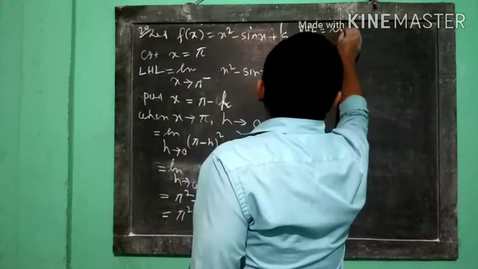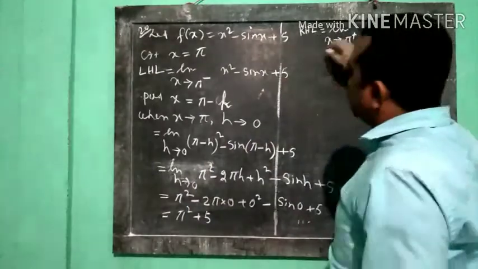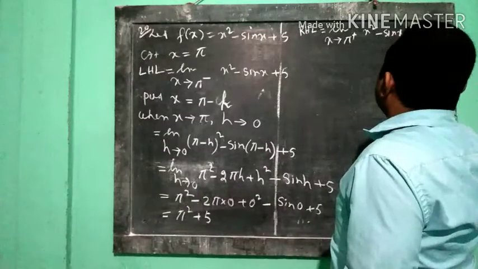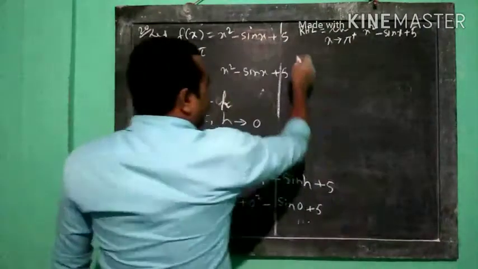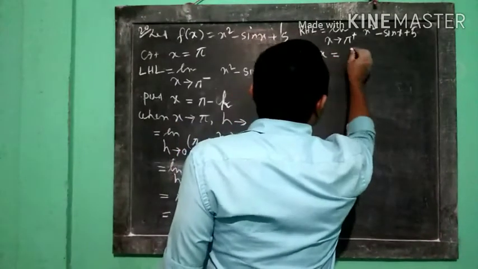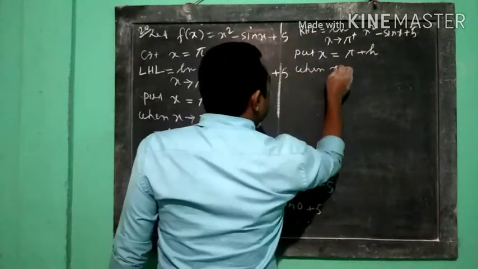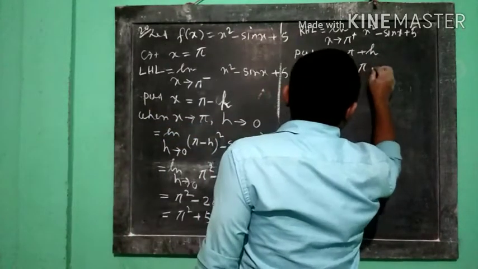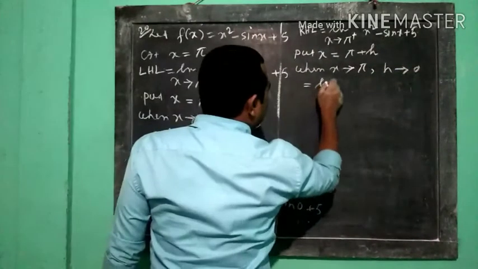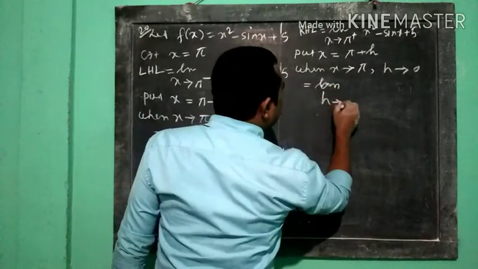Now we find the right hand limit. Right hand limit equals limit x tends to pi positive of x square minus sin x plus 5. Put x equal to pi plus h; when x tends to pi, h tends to 0.